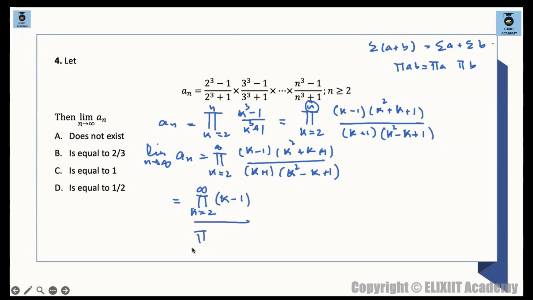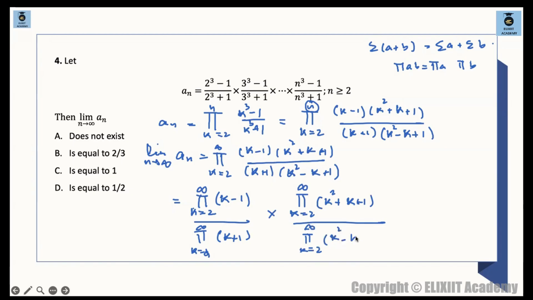So product of k equals 2 to infinity of k minus 1, times product of k equals 2 to infinity of k square plus k plus 1, upon product of k equals 2 to infinity of k plus 1, times product of k equals 2 to infinity of k square minus k plus 1.